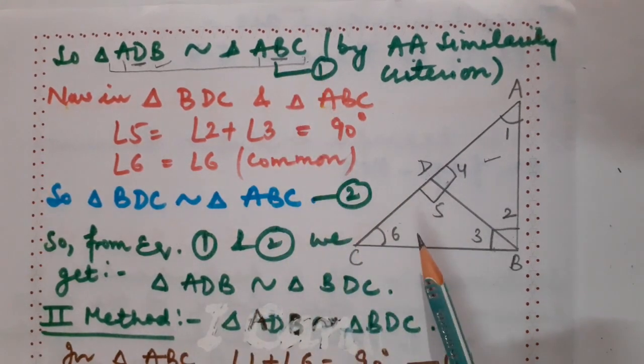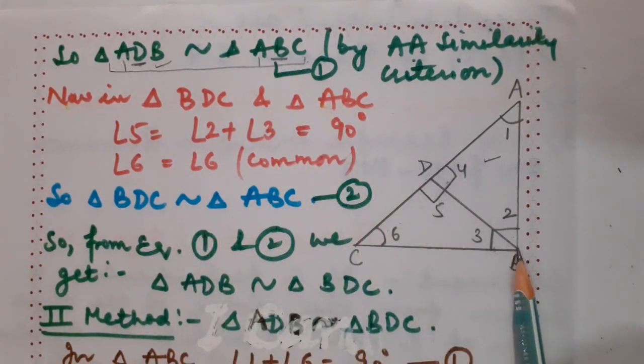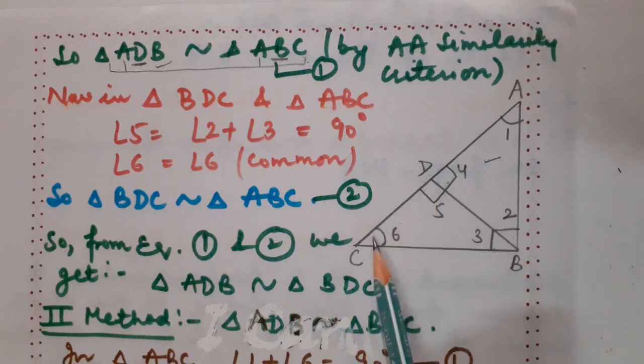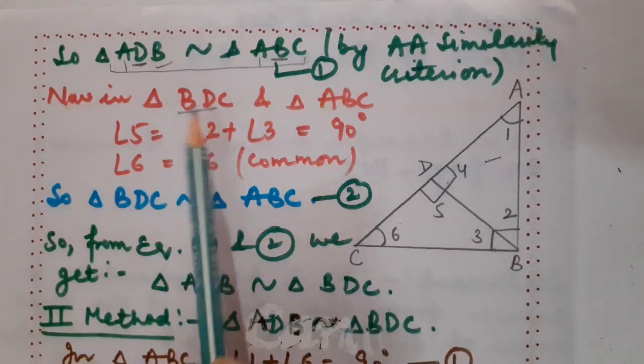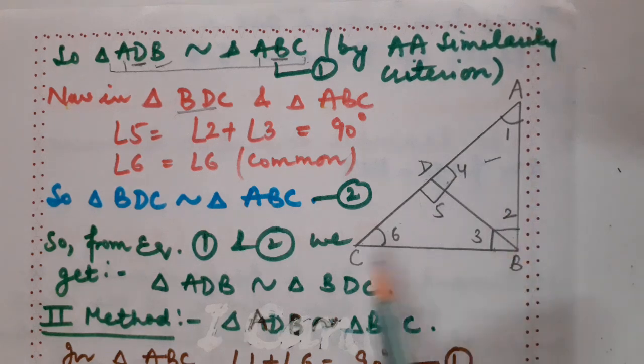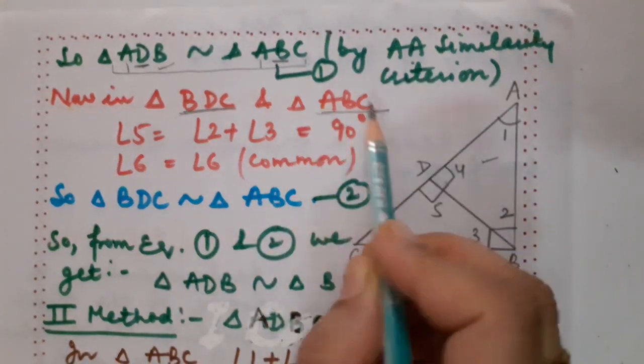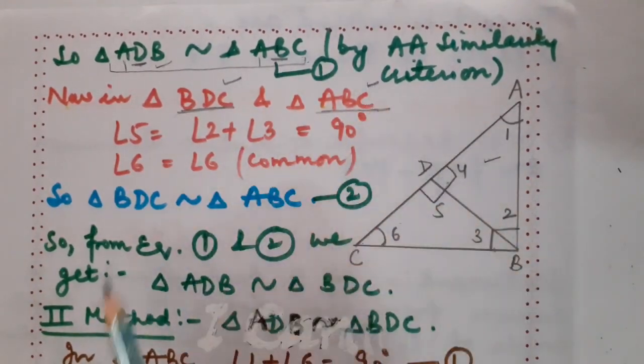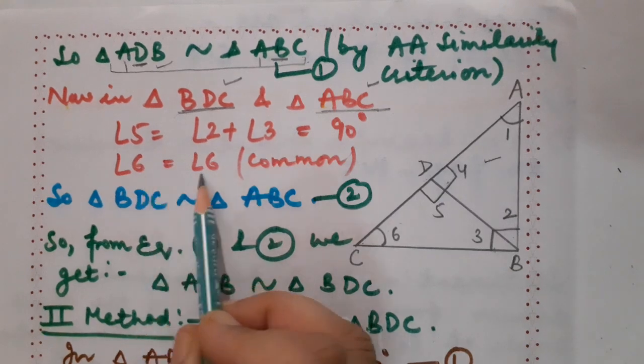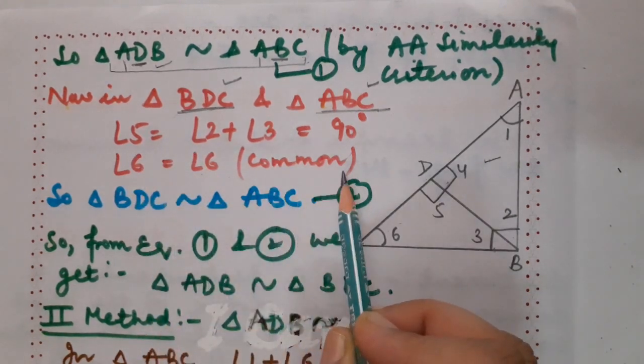Now let us take another pair. I am going to take now triangle BDC, this is BDC, and triangle ABC. Let us check. While reading the name of these triangles, children, you can easily judge that angle C is equal to angle C. Means angle 6 is equal to angle 6, which is common. Correct?